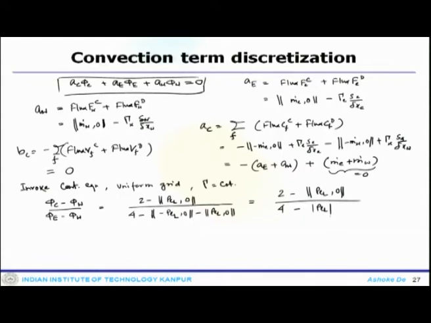Now, if you plot this equation, it is quite obvious that if the Peclet number goes to 4, this denominator becomes 0 and the whole solution becomes unbounded.